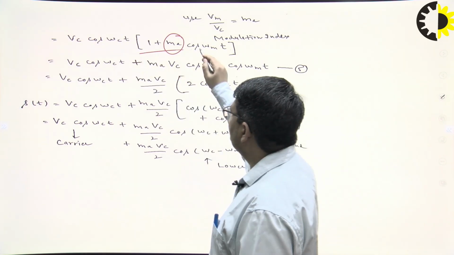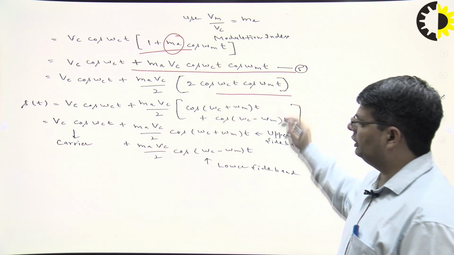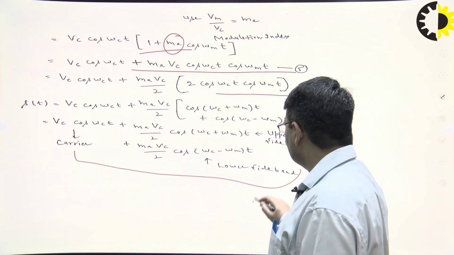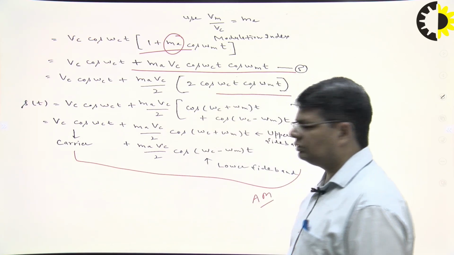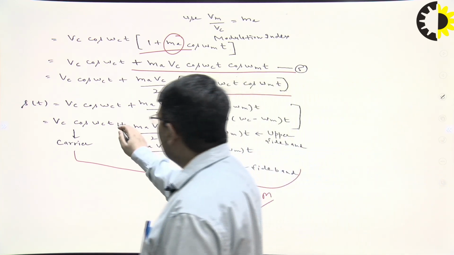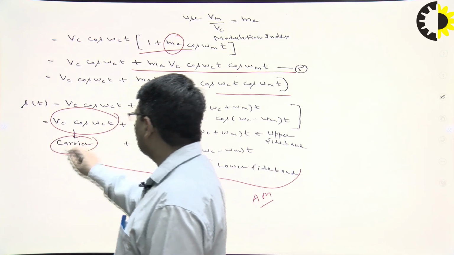Expanding the equation, we get this one using the cos equation. Then finally we have the AM equation as this equation. From this we can see that the first component is Vc cos(ωc t), that is the carrier.